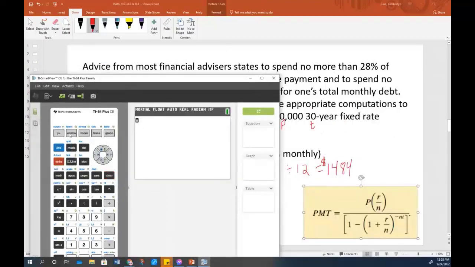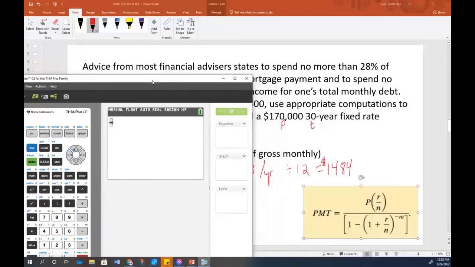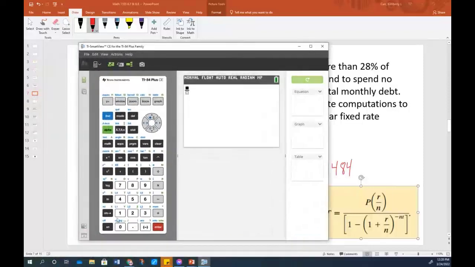I need to take a fraction, alpha y equals enter. Then at the top of that, I need the 170,000 parentheses, fraction. My rate this time was 4% over 12 payments a year.